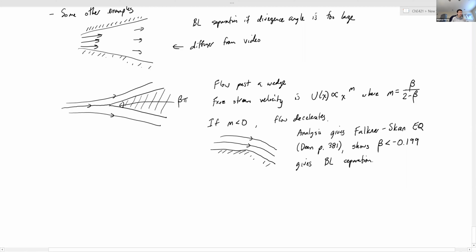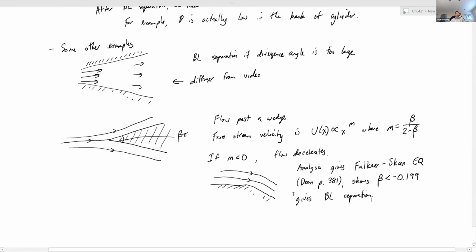Okay. And so what this suggests is that you can have an adverse pressure gradient and not have boundary layer separation. Like beta can be a little small, or it can be negative, and the flow can slow down a little bit, and you can still not have boundary layer separation.